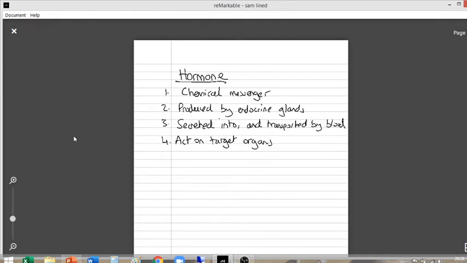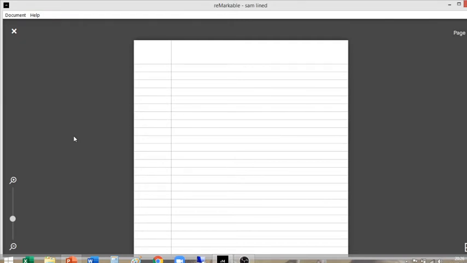So the two main types that I'd like to get across that are in the combined part of the spec are the hormones involved in the menstrual cycle and the hormones involved in blood glucose regulation. So menstrual cycle first. Isn't this a fun one?